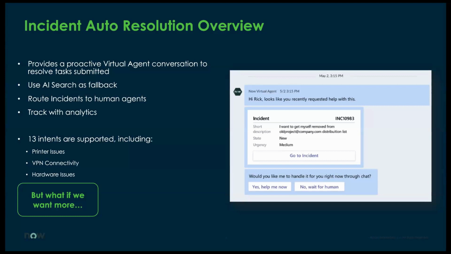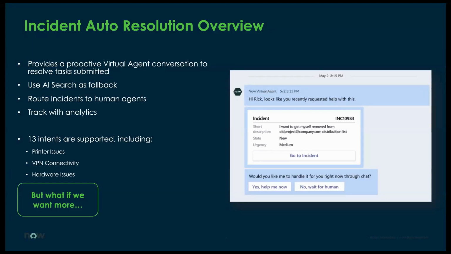I can help you with this. Would you like me to help? If the user clicks yes, help me now, it actually runs that virtual agent topic. If it says no, wait for a human, then it'll go back to the queue for someone to pick up.